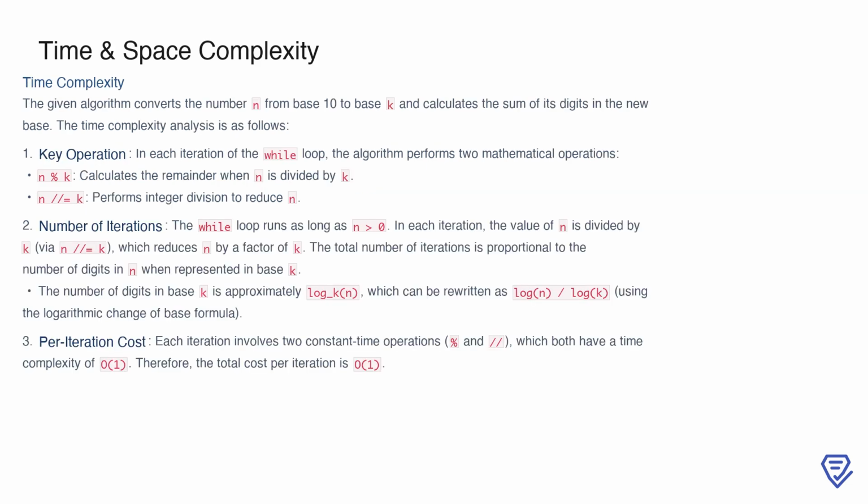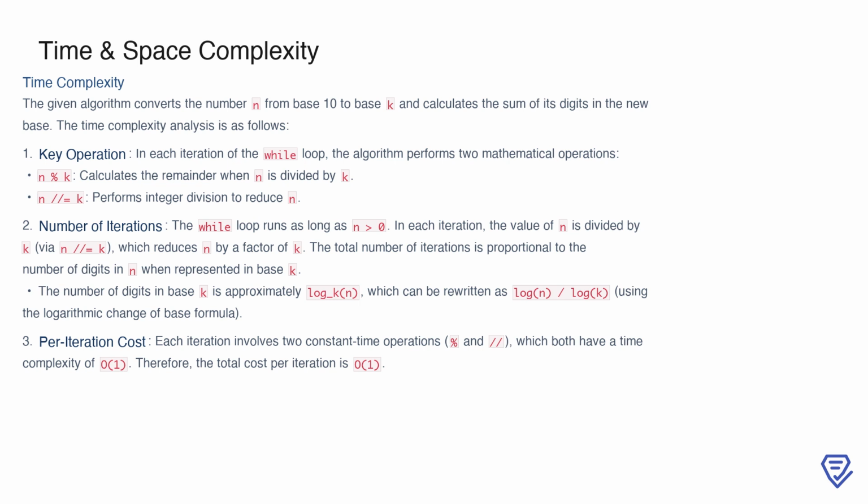To analyze the time complexity of this algorithm, let's start by understanding its key operations. Within each iteration of the while loop, the algorithm performs two main mathematical operations, calculating the remainder of n divided by k using n%k, and performing integer division with n //= k to reduce the value of n. These are both constant time operations. Now, the number of iterations the loop executes depends on how many times n can be divided by k before reaching 0.